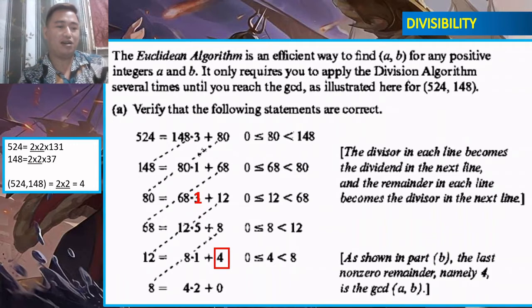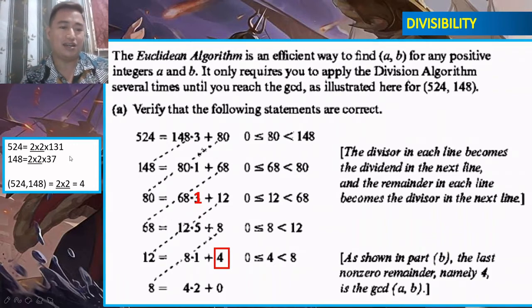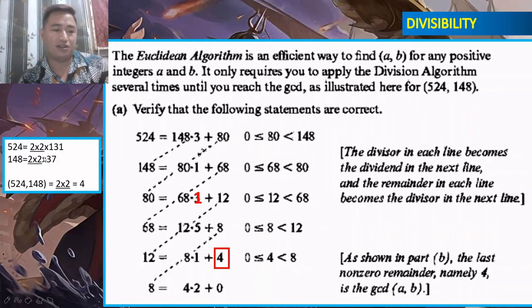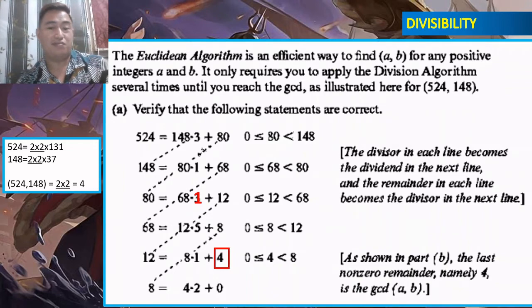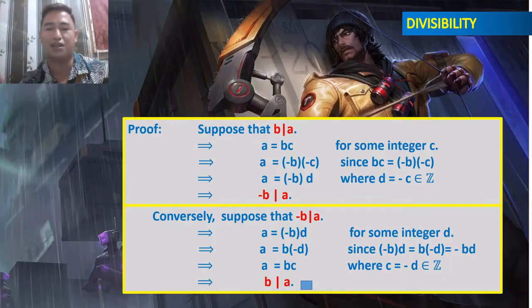Okay, 148 is equal to 2 times 2 times 37. So the common factor is 2 times 2, which is equal to 4. Again, 37 and 131 are prime numbers. So their GCD is the common factor 2 times 2, equal to 4. So the algorithm is a way to find the GCD, but it takes long. The other one is easier, but you can use either.